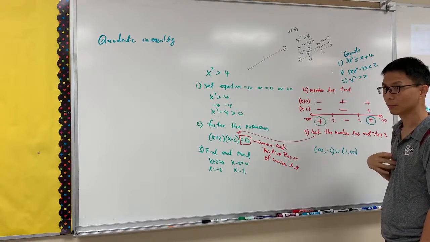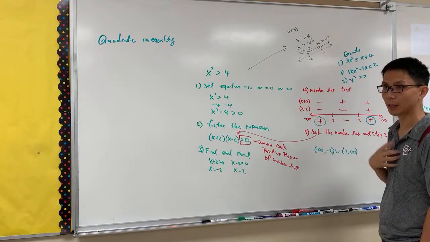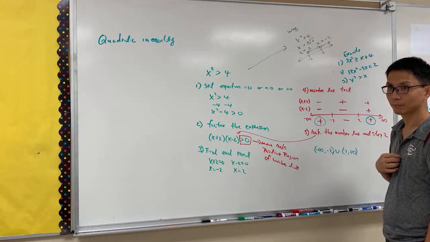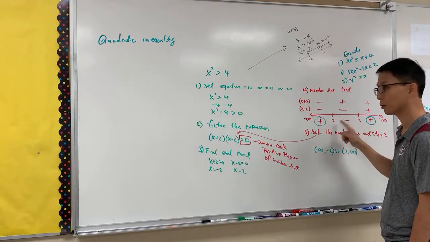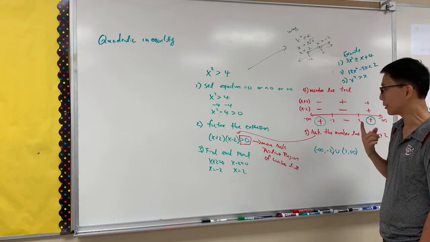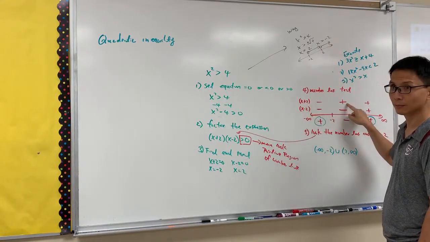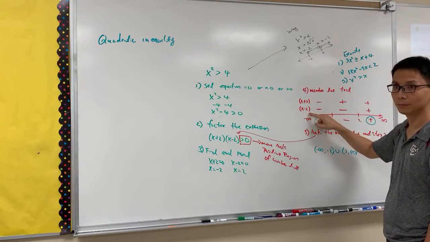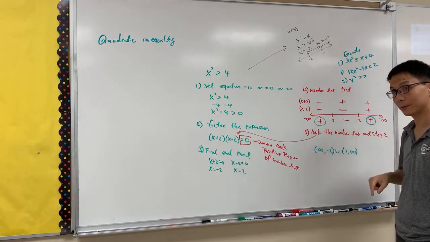You have to pick a value in between, so 1. Good. 1 plus 2 is 3, positive. 1 minus 2 is negative. Positive times negative equals negative.